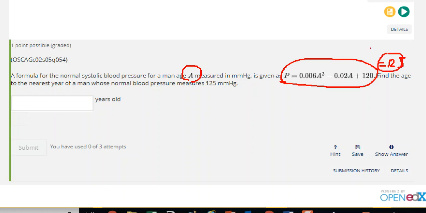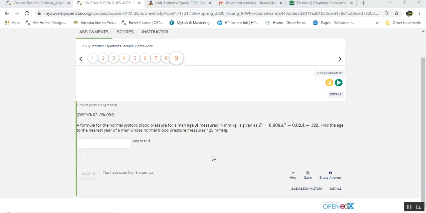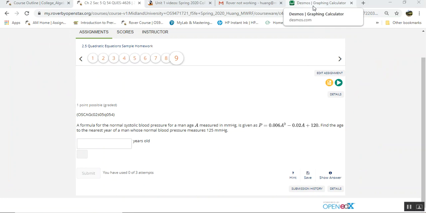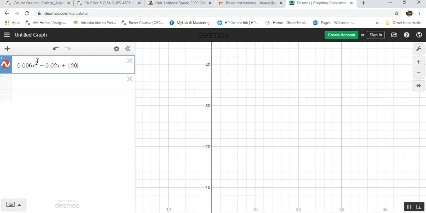Now, I certainly want you to experience at least a few times how to solve equations like that. Certainly, we can actually get the expected answer immediately using technology, Desmos. So here's what I would do. If you remember, this is the function. So I draw this function right here, 0.006 a squared.